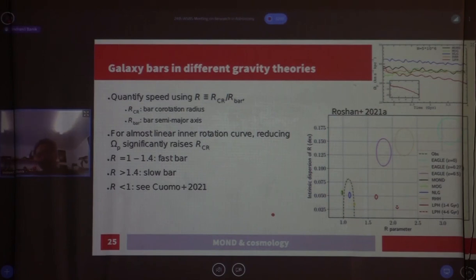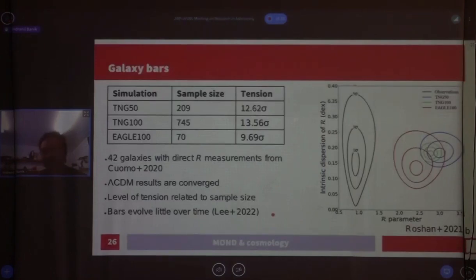Now, what I wanted to show here is, okay, I won't bore you with this as you had it already. I just want to mention that in lambda CDM, you get the R parameter approximately here.